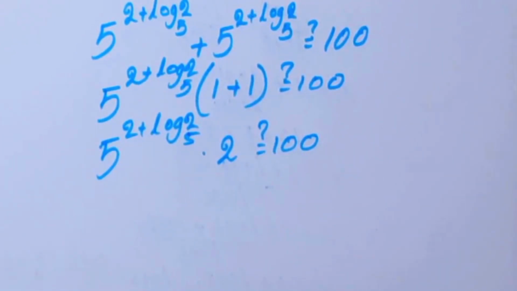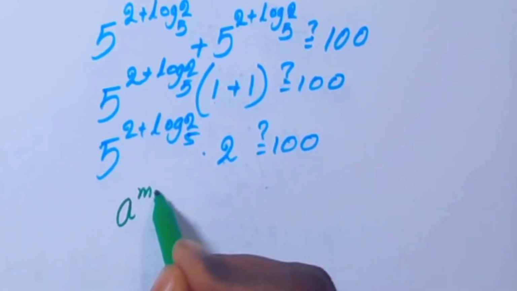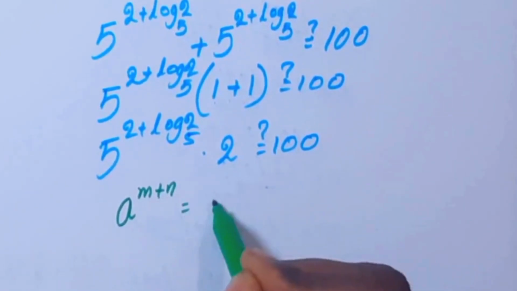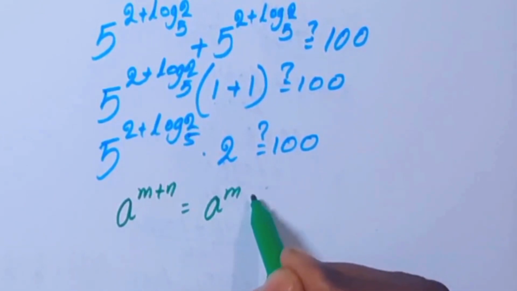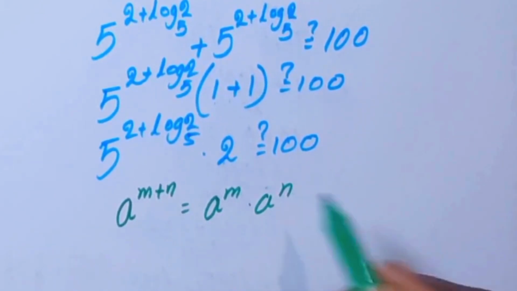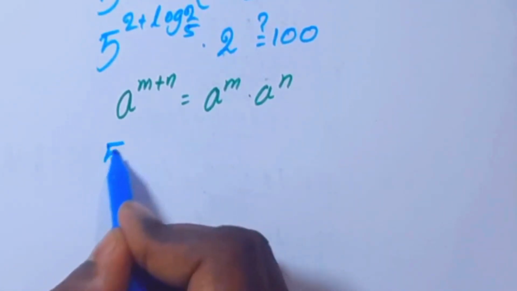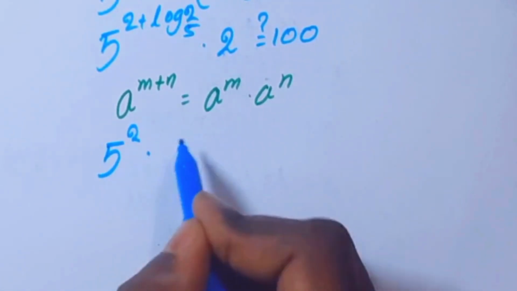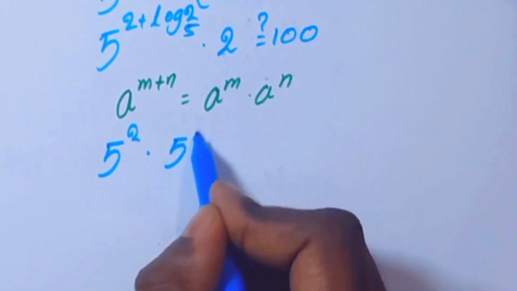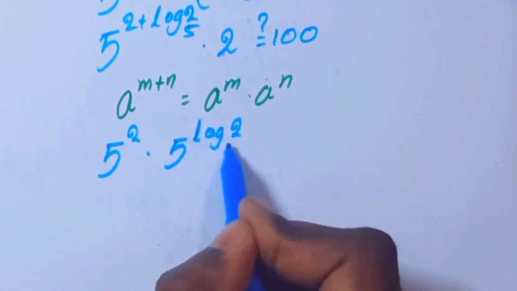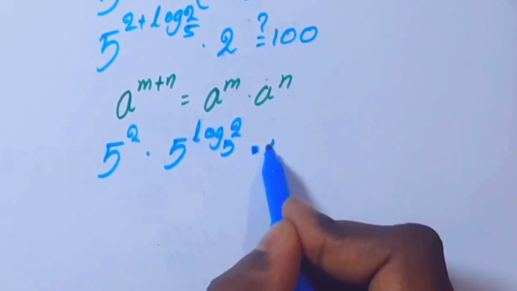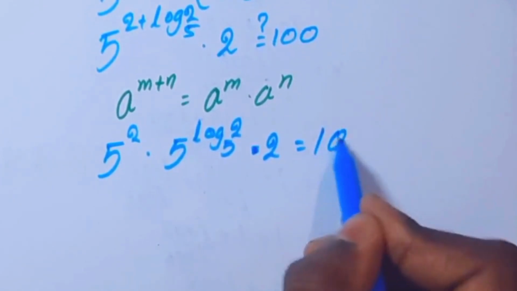Now we know that a power m plus n equal to a power m times a power n. Now we are going to apply this here. 5 power 2 times 5 power log 2 base 5 times 2 equal to 100.